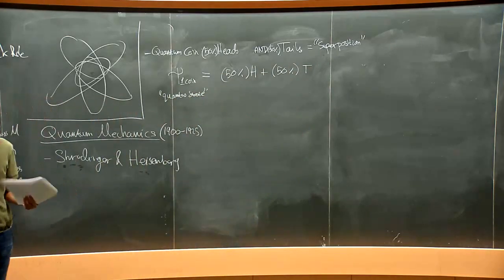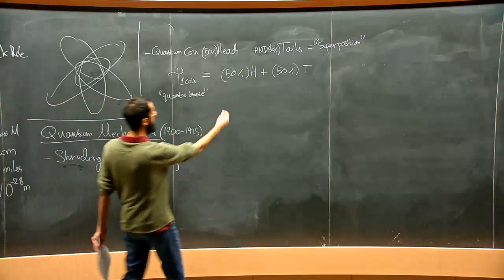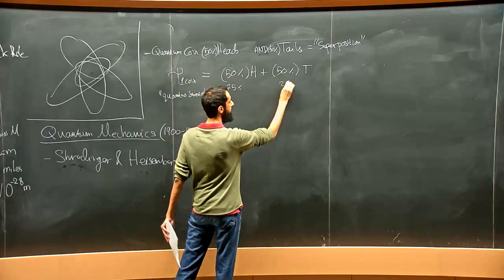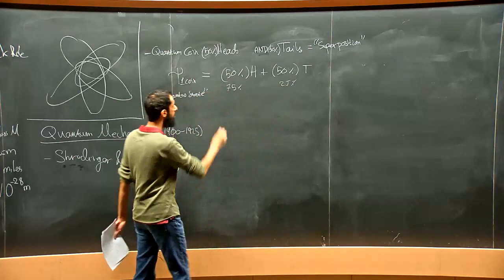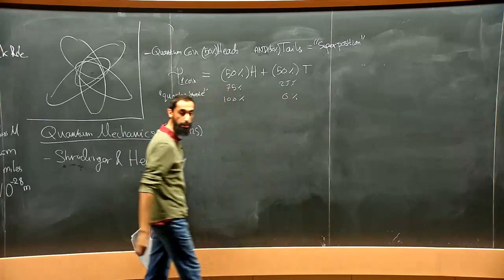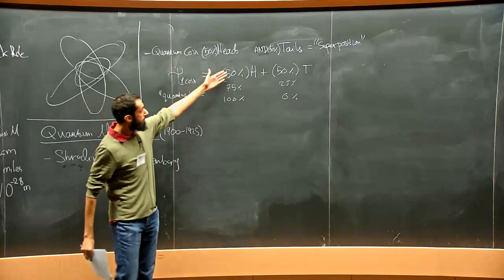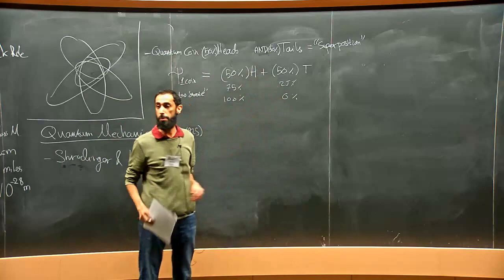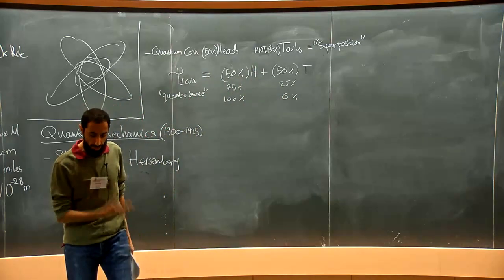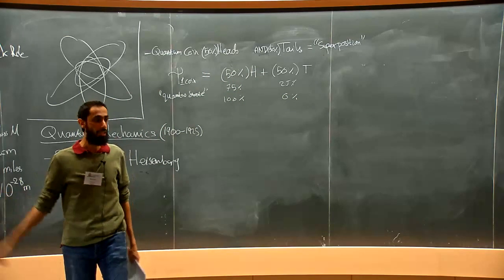And you really have many options. You can choose, for example, 75% heads and 25% tails, or say 100% heads and 0% tails. These numbers, these probabilities, are a prediction for what the result of the repeated experiment is going to be.